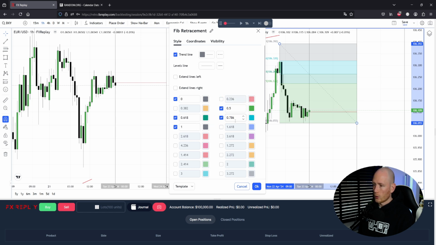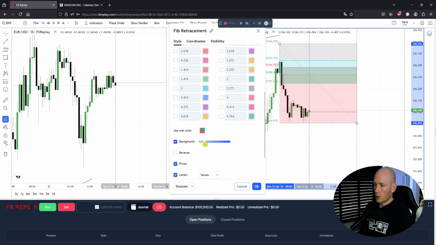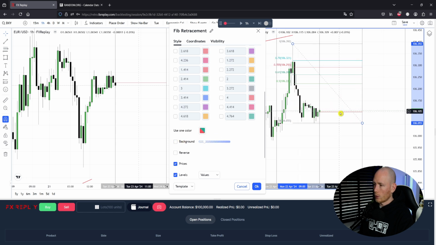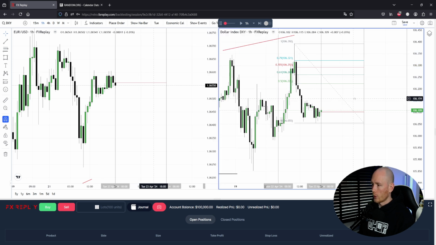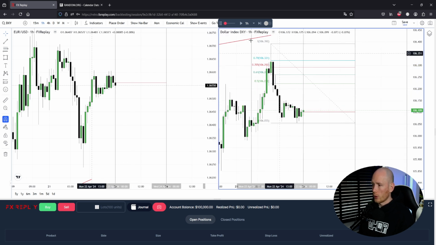We need 705 as well. Can we put that in there as well? 705. This is 7961, and we should be good. And now I just want to have no background and just lines. Right, that's fine. Freaky colors, but it is what it is.